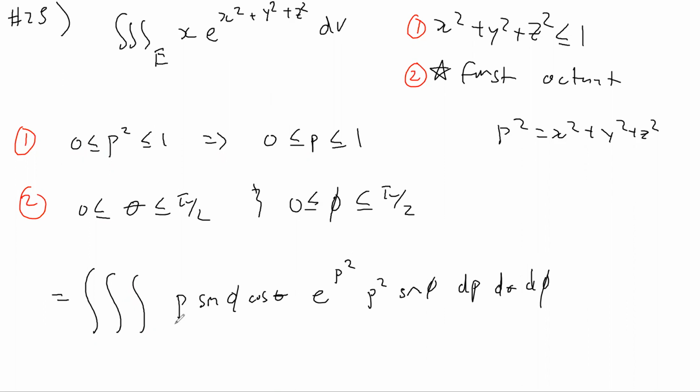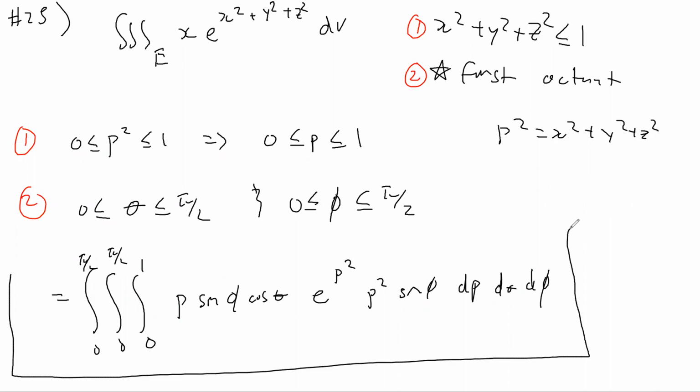All right, so rho is going to be from 0 to 1. Theta is going to be from 0 to pi over 2. And phi is going to be from 0 to pi over 2. And again, these two are just from the fact that we're looking at the first octant. Okay, so that should be the setup for this question.